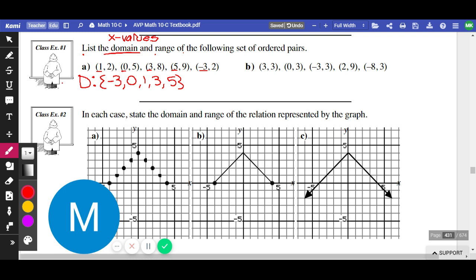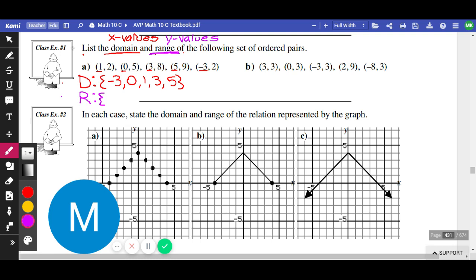Not bad, eh? To do the range is the same thing, except you're going to go R, colon, curly bracket. Range is possible y values.